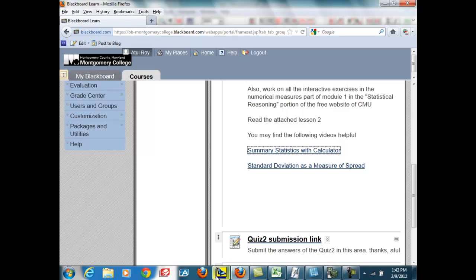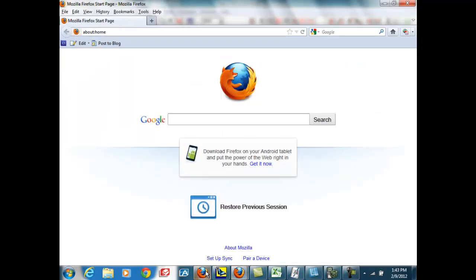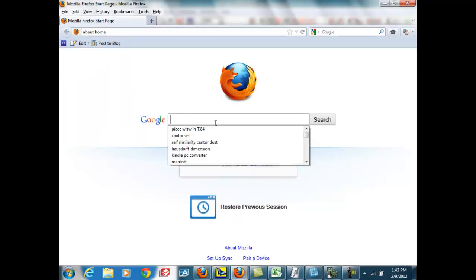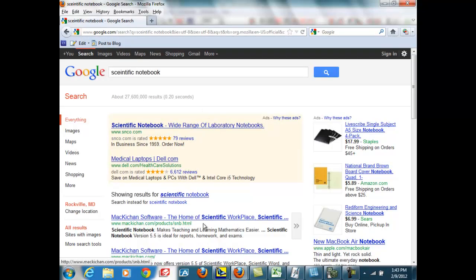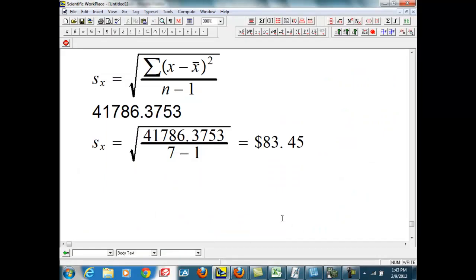And Chad, if you want this scientific notebook or workplace, just Google it. It'll tell you where to get it from. It's not very expensive if you want a student version, all right? I think you can download it for free for 1 month when you are doing calculations. So anyways, everybody good so far?